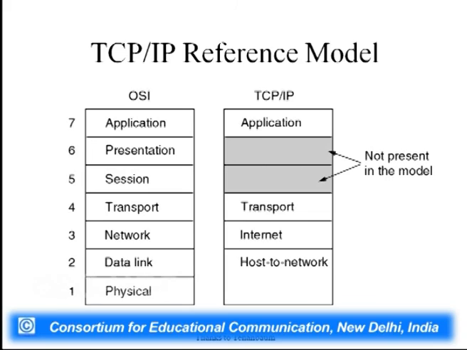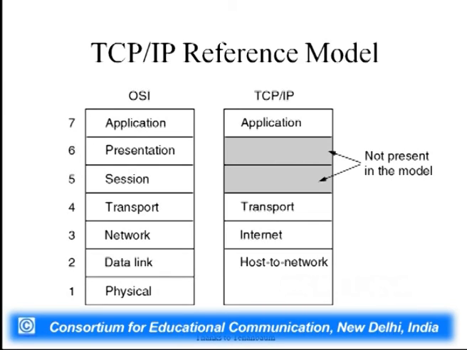And if you look at the diagram I have given, the comparison of the OSI and TCP/IP models, the physical and data link layers we call the host to network layer. Then in TCP/IP we have an internet layer, then a transport layer, and finally an application layer.